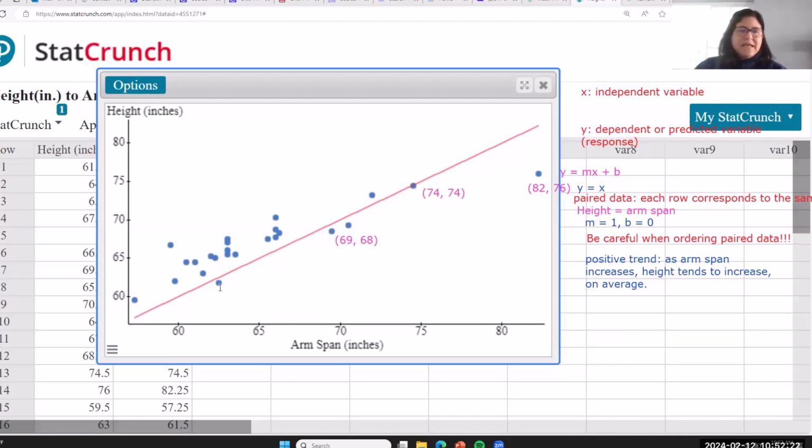So what do you notice about these points that are below that line y equals x? What do you notice about the points that I've typed in, besides the 74, 74, which is right on that line?